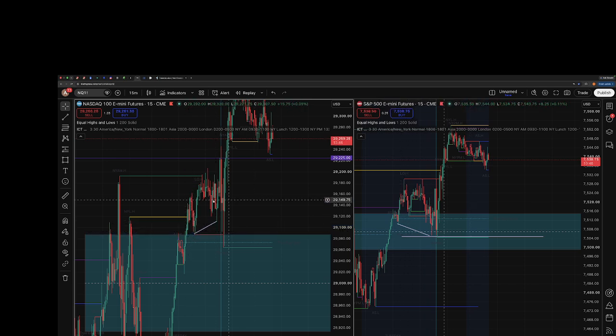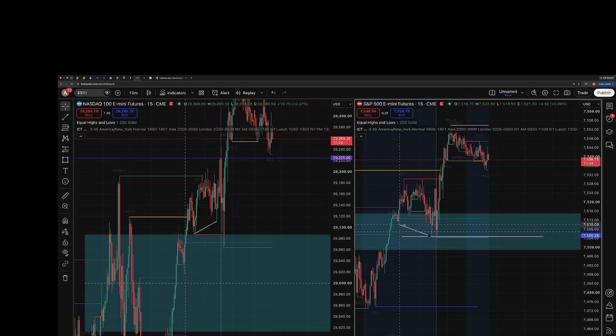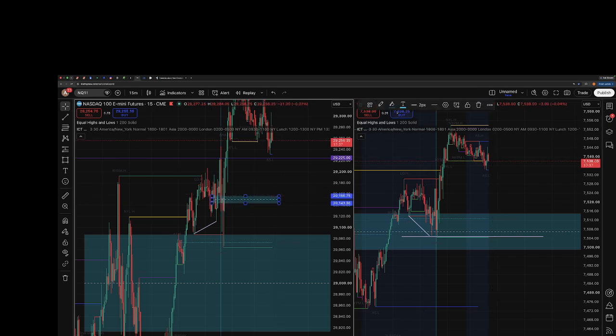This 4 hour gap was also London lows. So we got bullish S&T, displacement higher. What is my condition for longs? Condition for longs is this 15-minute gap holding.